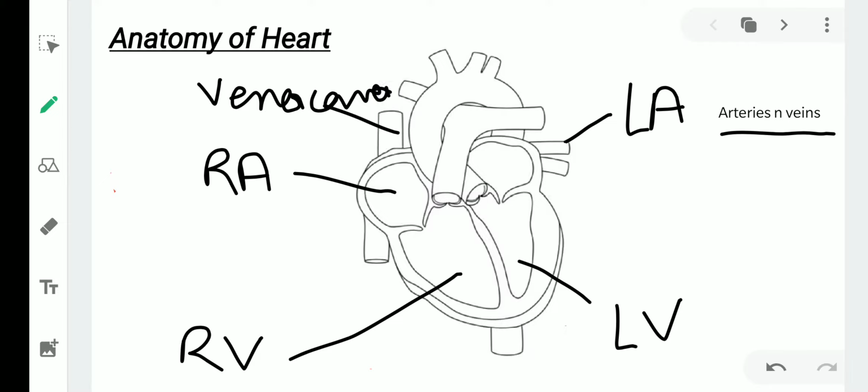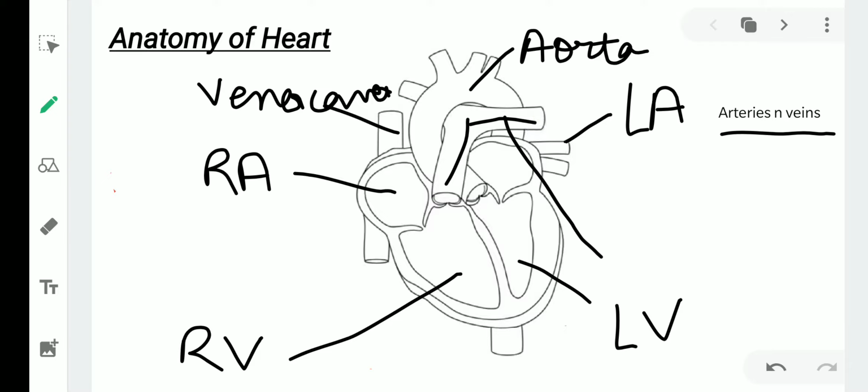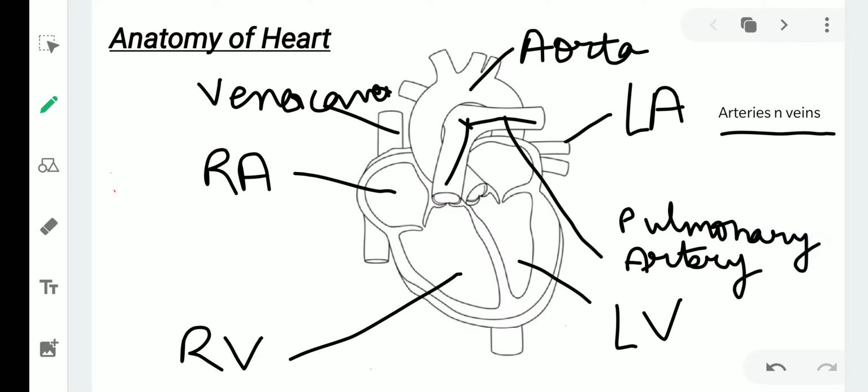And this one is the aorta. The aorta is an artery, and this one is also an artery, and as it carries blood to the lungs from the heart, it is the pulmonary artery.